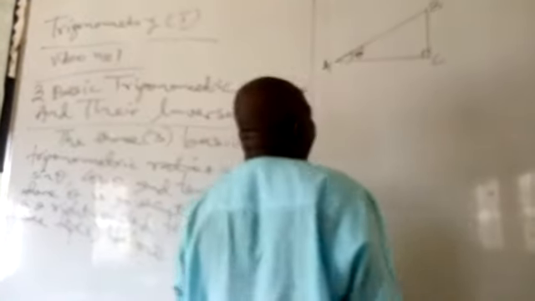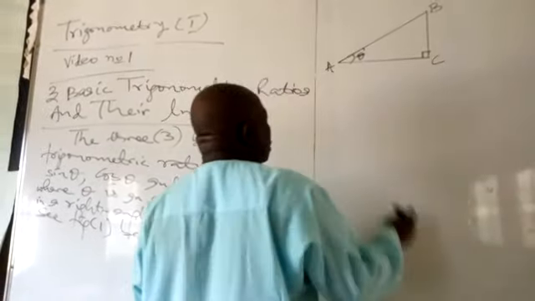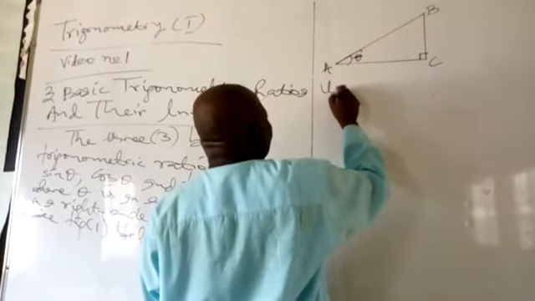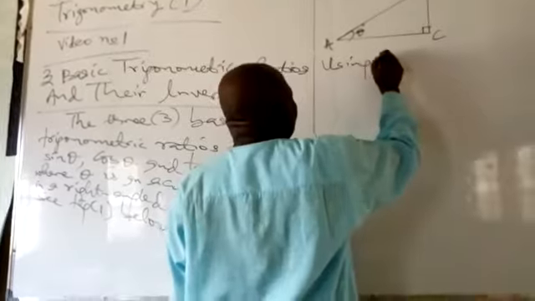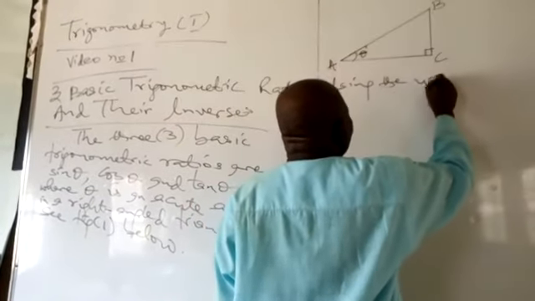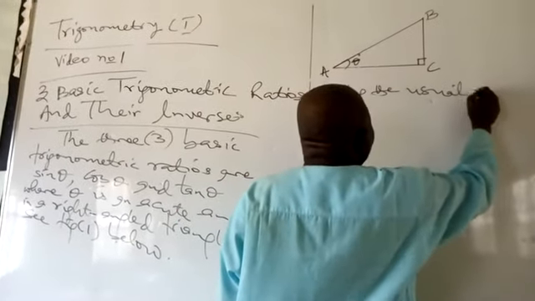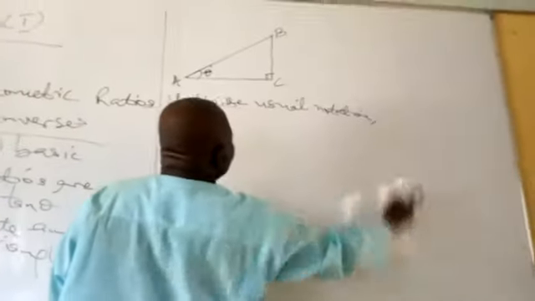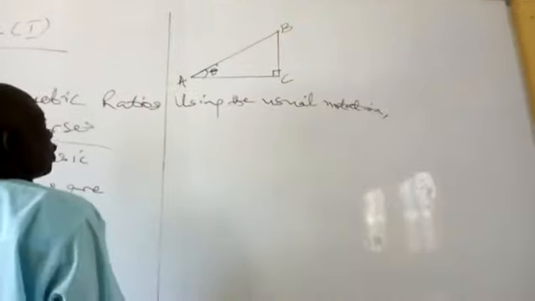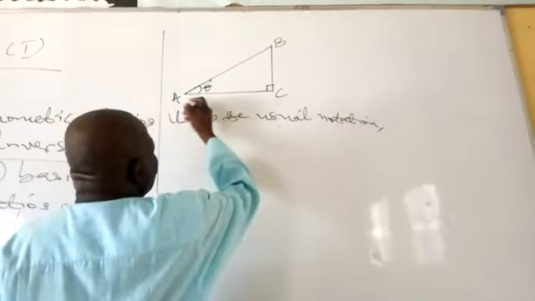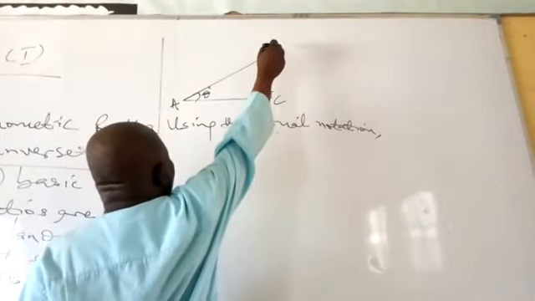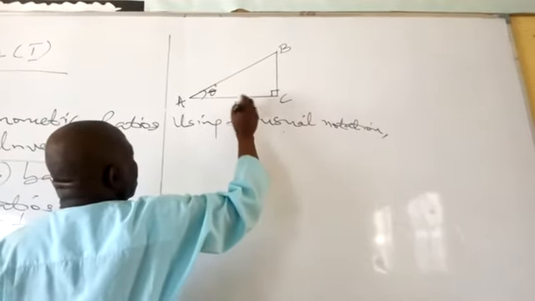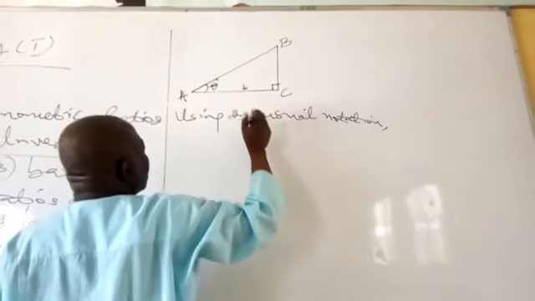Now, using the usual notation, the side that is directly opposite angle B is labeled small letter b.